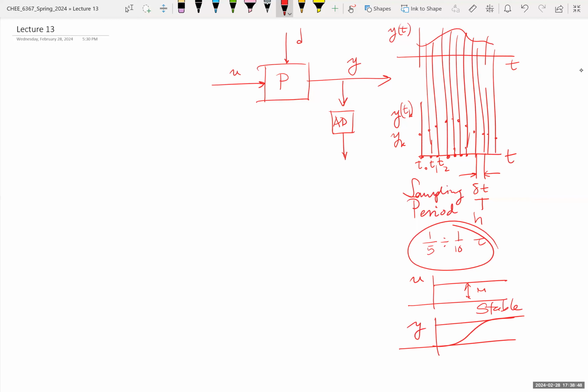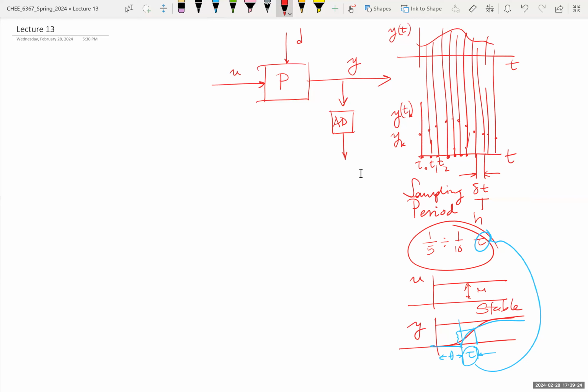There is an approximation of this response by a dead time from here to here, and a first order response, where 63% of the total response is within one time constant. So that time constant tau goes here. If we sample the output of such a process every 1/10 of its time constant, we're not going to miss much from what the process produces.